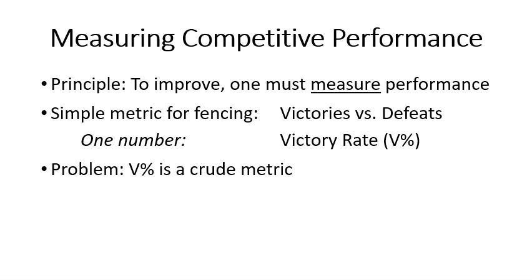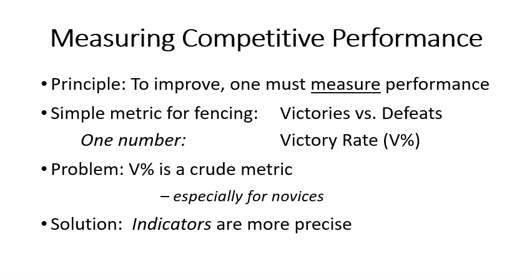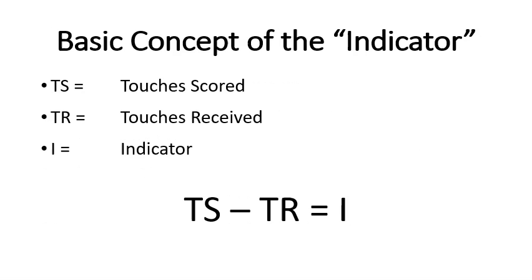Unfortunately, the victory rate is a very crude metric, especially for novices who may log relatively few victories in their early competitions. The solution is to calculate a more precise statistic known as an indicator. The basic concept of the indicator is simple.